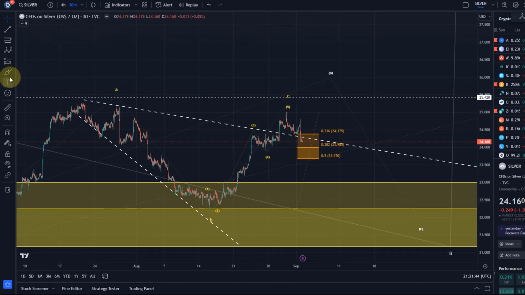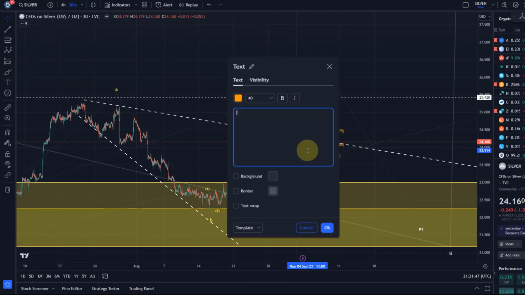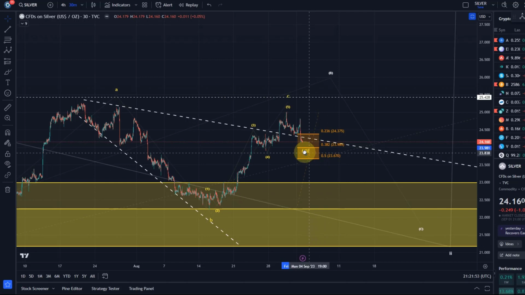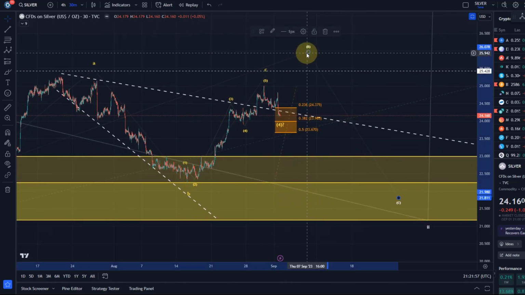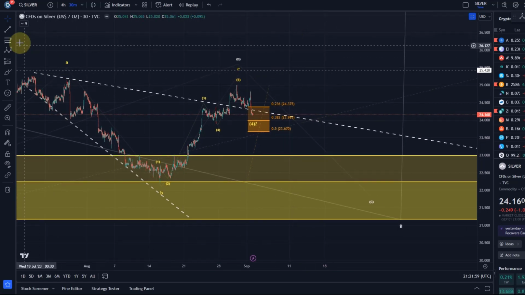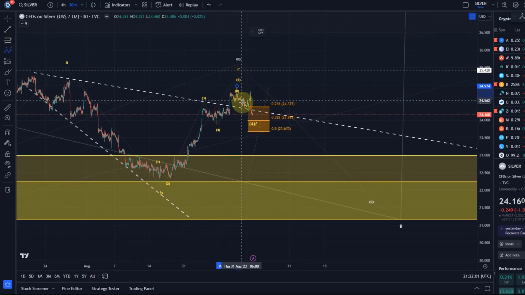So the way to deal with this now is to highlight that this could be a wave 4. And the pivot point just needs to hold. And if it doesn't, then the larger B wave topped. And we're already coming down in what could probably be a 1, a 2.